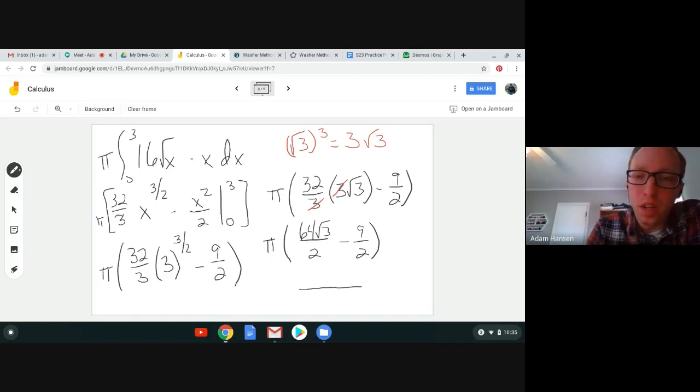So all together, I'll put pi times 64 square root of 3 minus 9 all over 2. Not the best looking answer, but I think that's as simplified as we can make it.